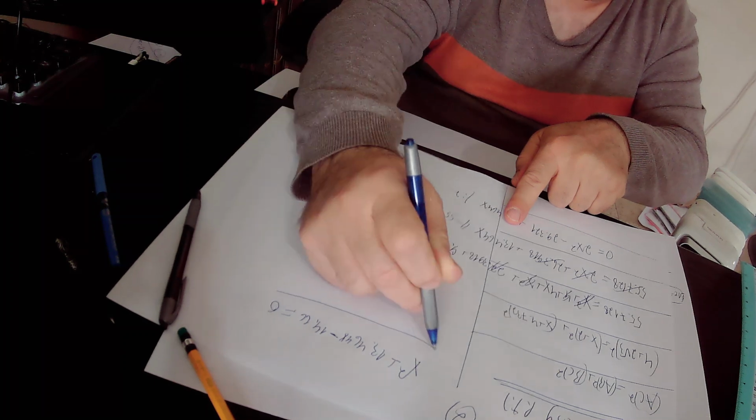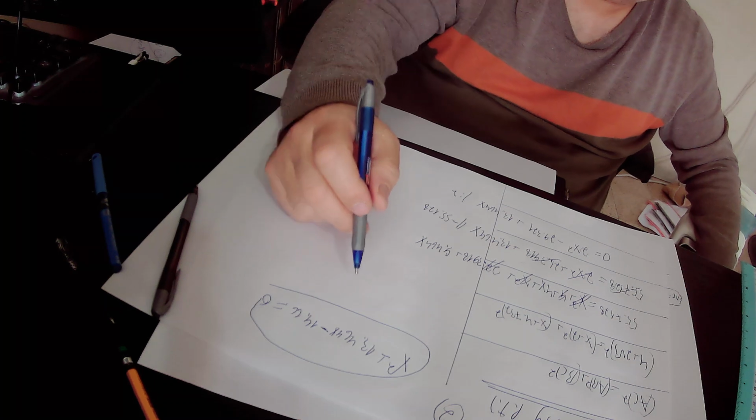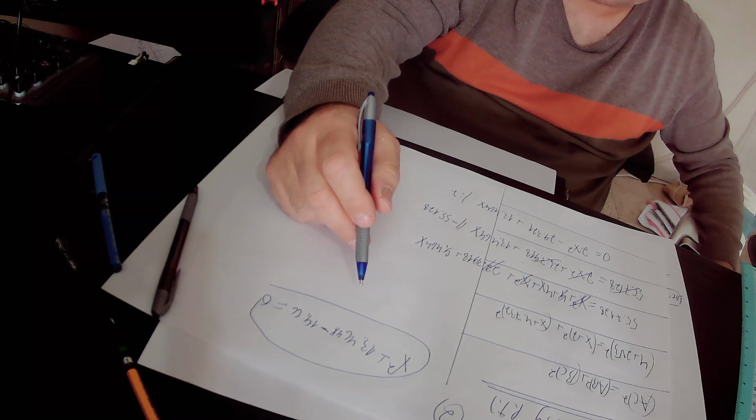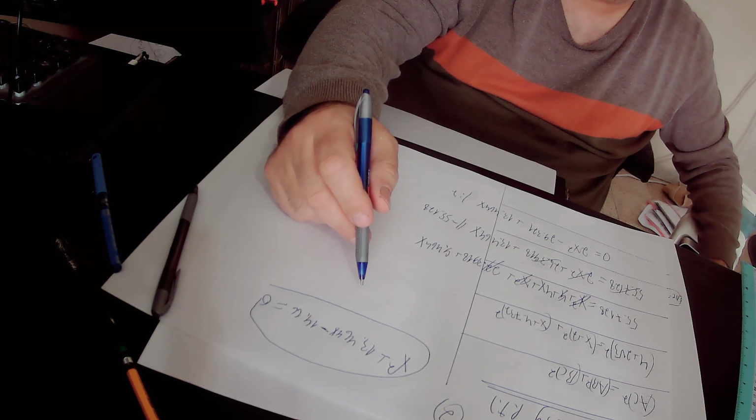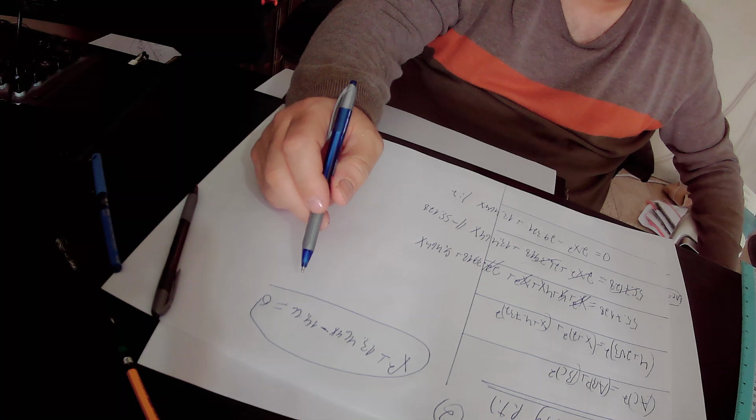So we have here a quadratic equation. The quadratic equation is x squared plus 13.464x minus 14.66 equals 0.